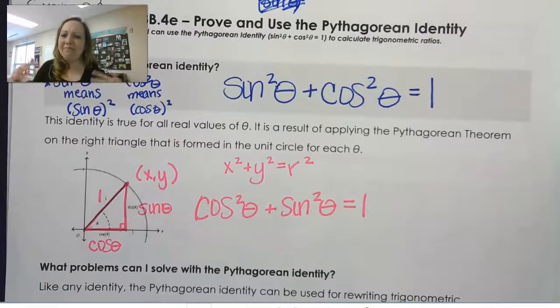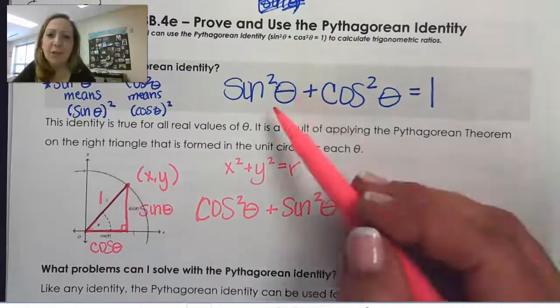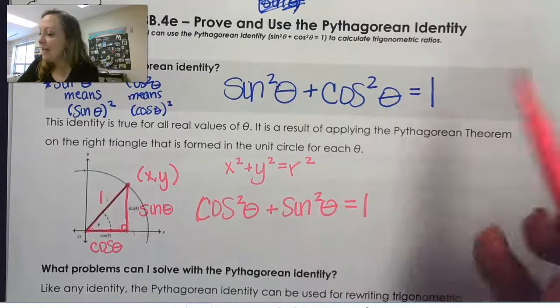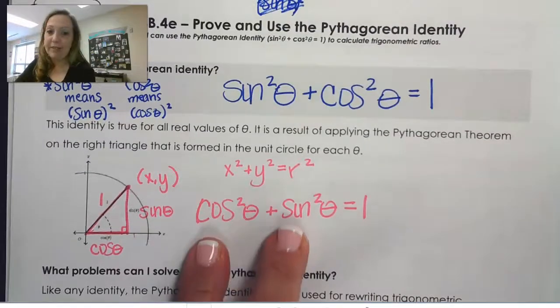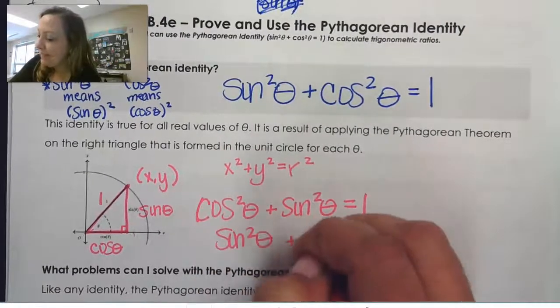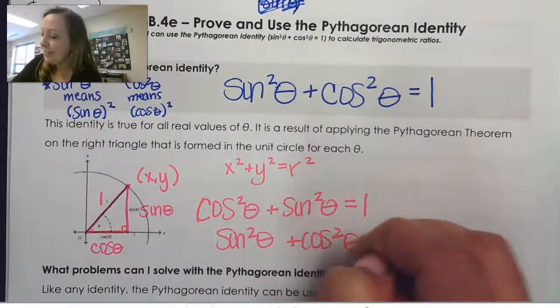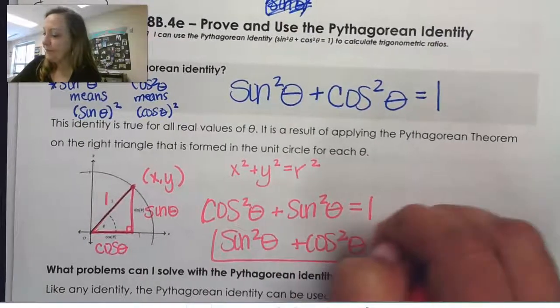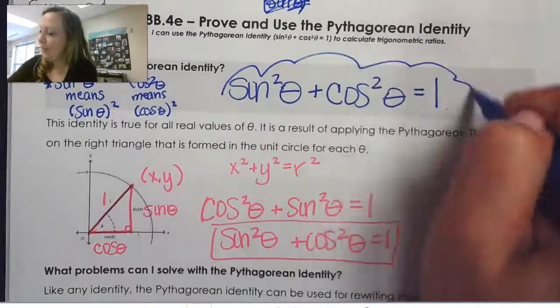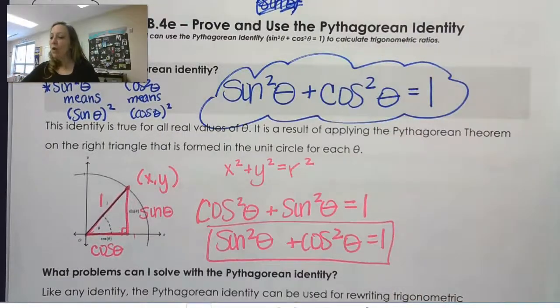And I don't know why traditionally they start with sine squared theta plus cosine squared theta equals 1. You can see that these are similar because of the commutative property of addition. But this is the identity that we're going to be utilizing today.